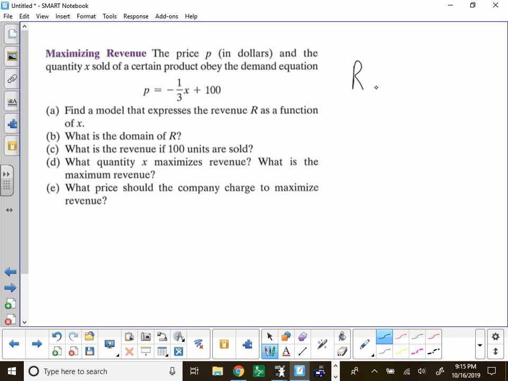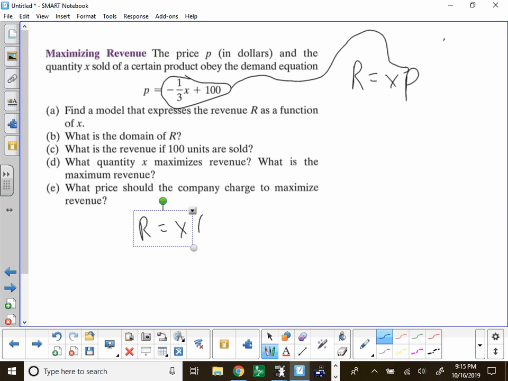So we know R is equal to X times P. It says find the model that expresses the revenue R as a function of X. So I'm going to take this price here, which is related to the number sold, and put it in for P. So R is equal to X times P, and P is negative 1/3 x plus 100.